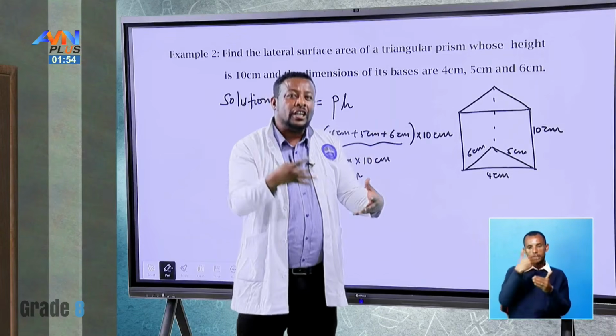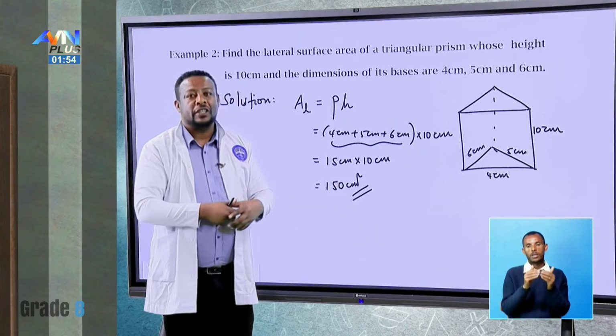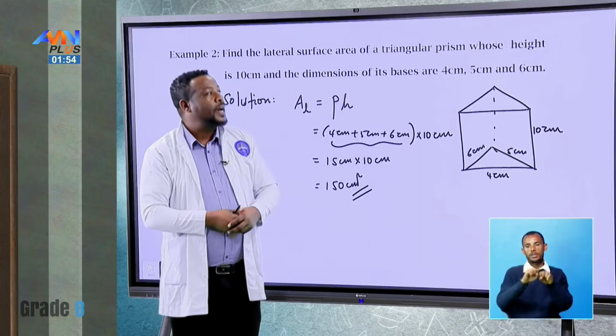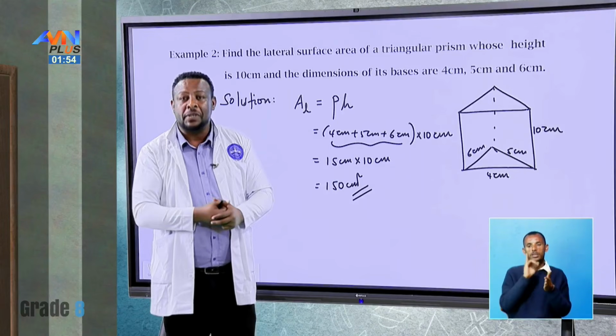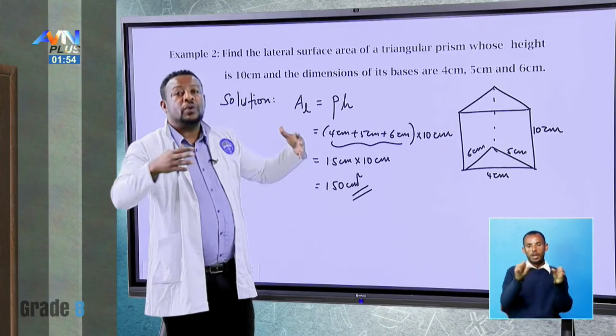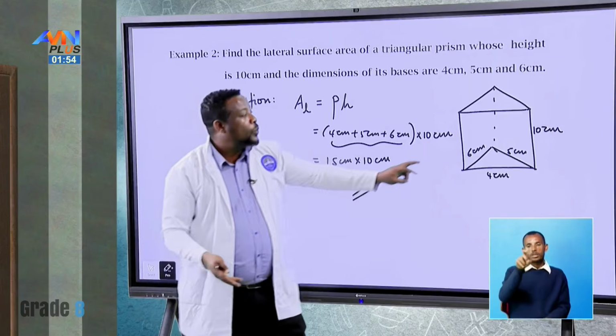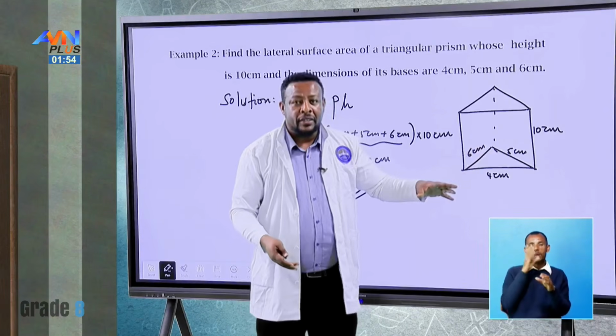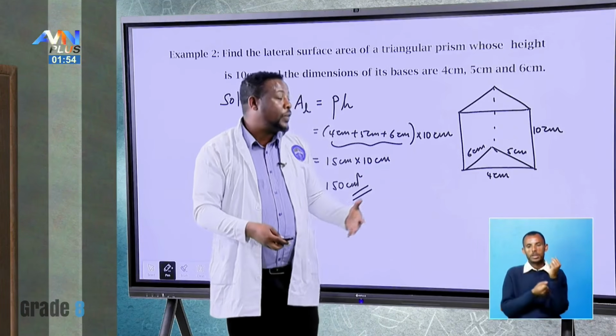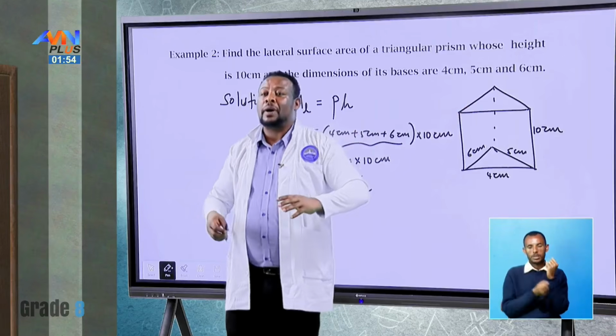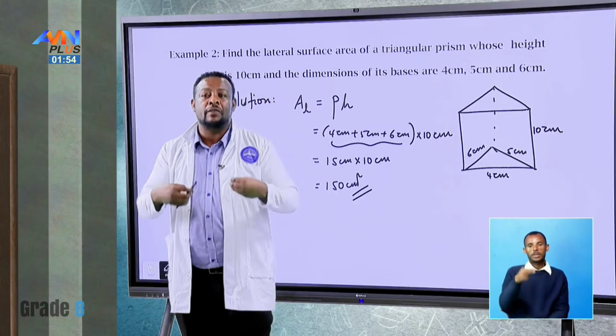Then that result should be added to the lateral surface area, which gives the total surface area of a prism. Whenever we are asked the volume, we calculate the area of the base. After you obtain the area of a base, you multiply it by the height, which gives the volume of a prism.